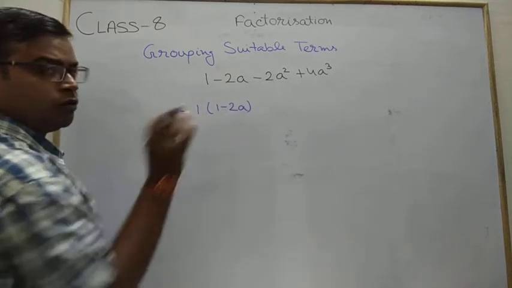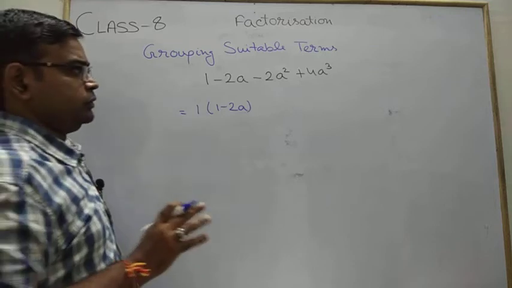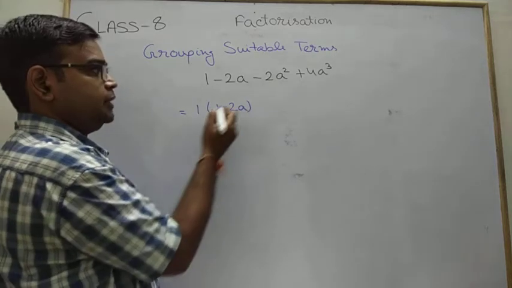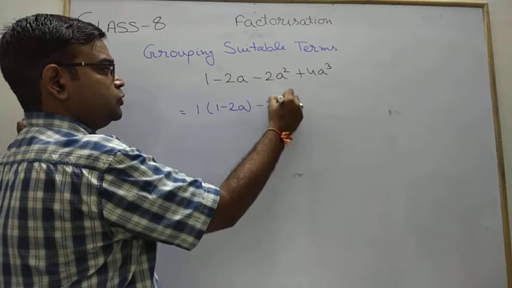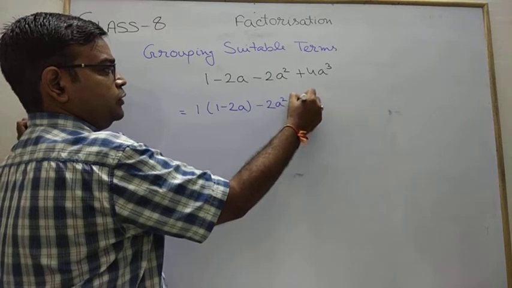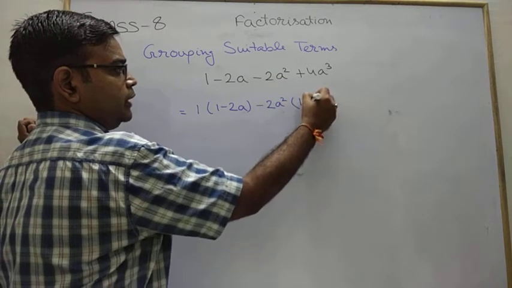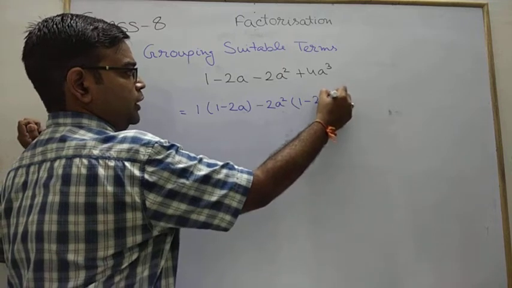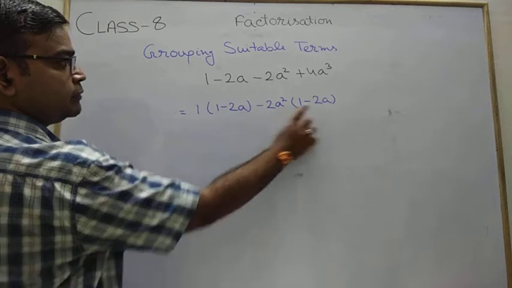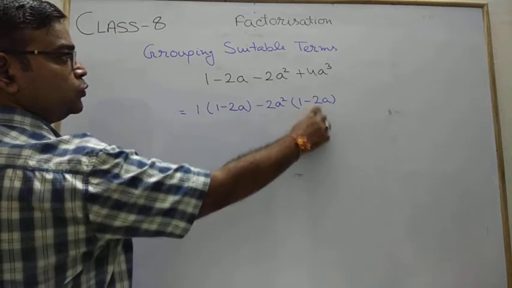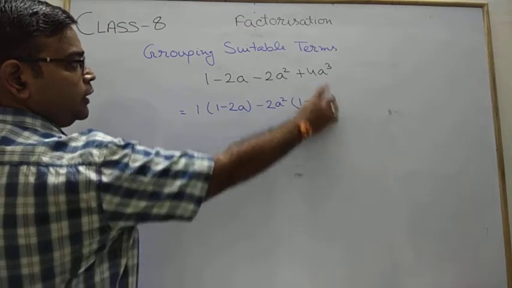One common means we are not going to take anything common. A plus 1 sign is there. Now from these two, if we choose 1 minus 2a square common, what do we have? 1 minus 2a. How does this come? See, minus minus plus, 2 2 4, a square into a, it's a cube.